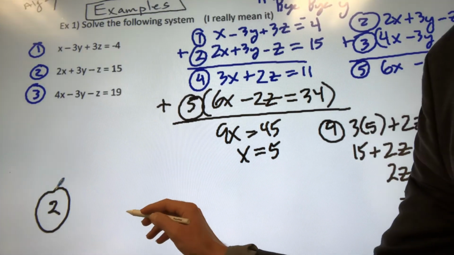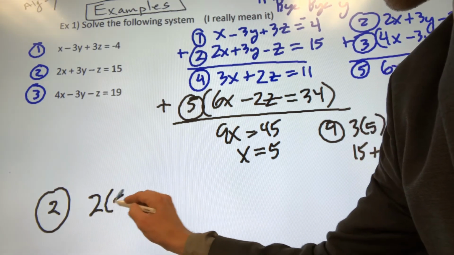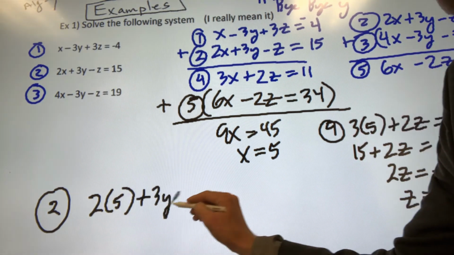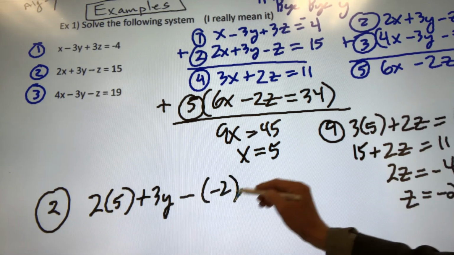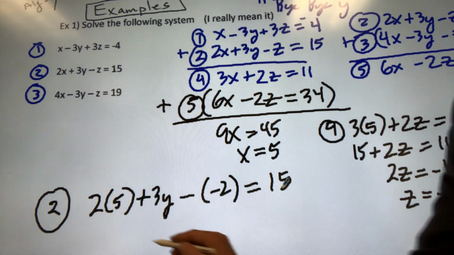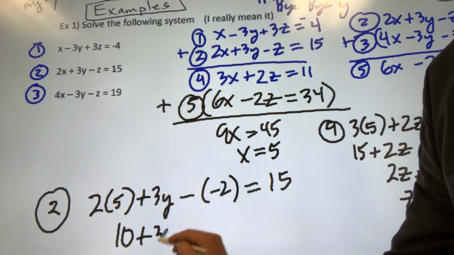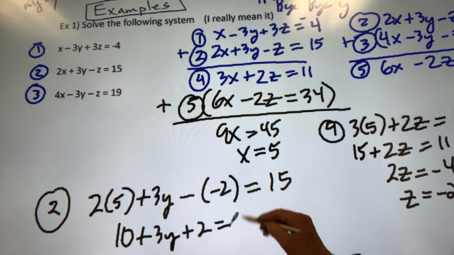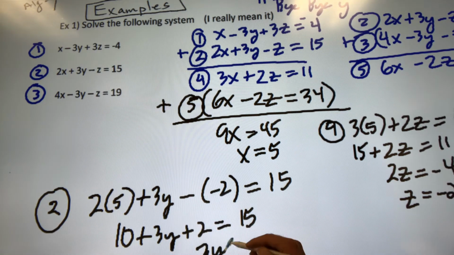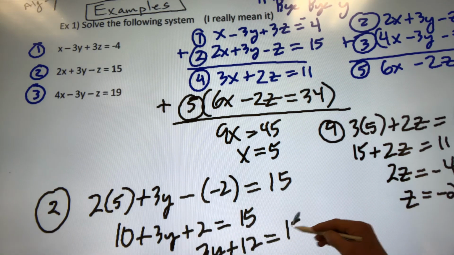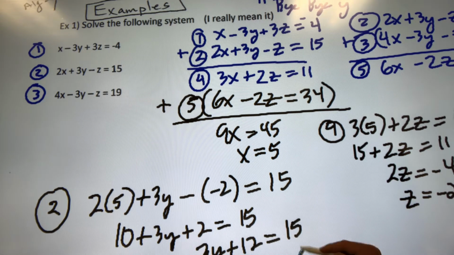It says 2 times x plus 3y minus z is equal to 15. 10 plus 3y plus 2 is equal to 15. 3y plus 12 is equal to 15. 3y is 3.